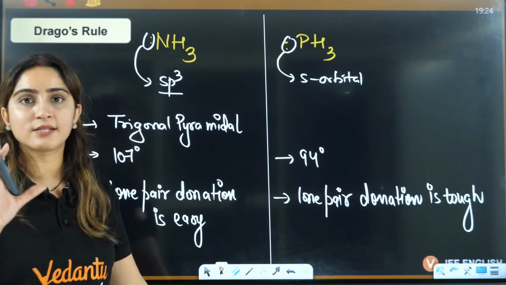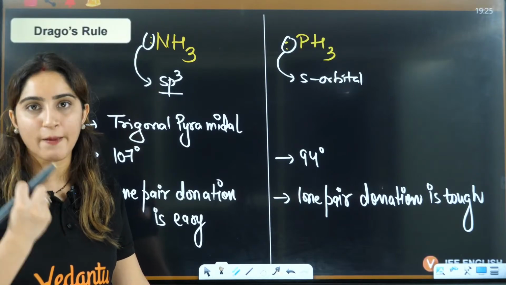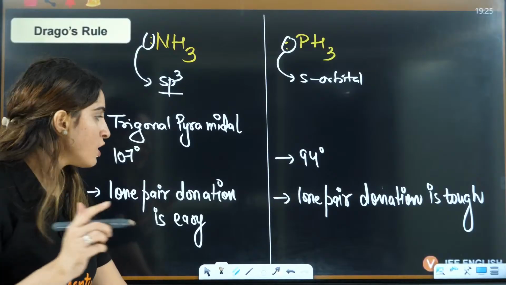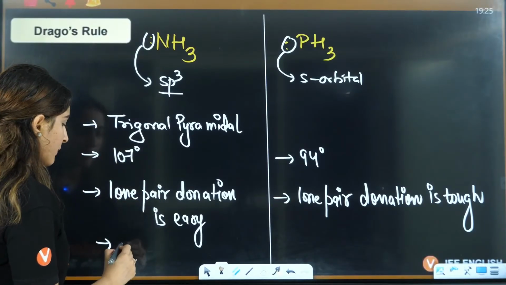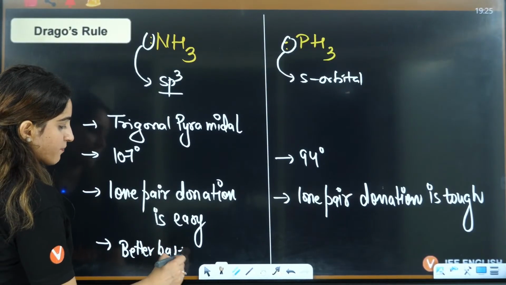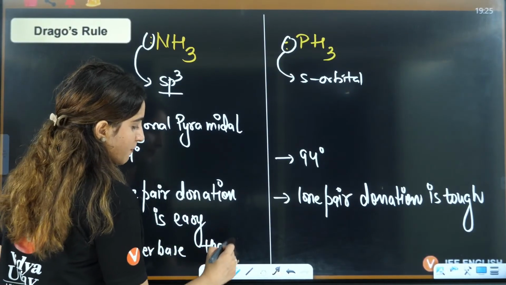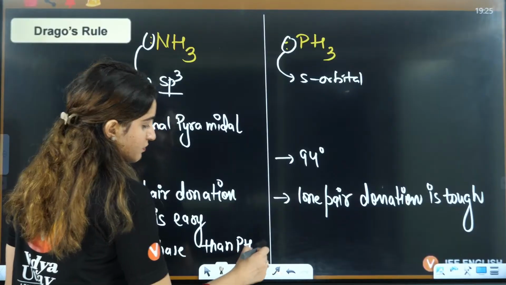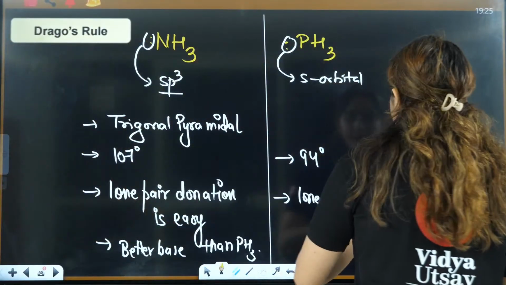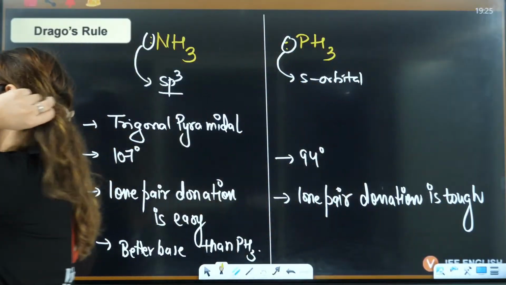And a Lewis acid wants to accept electrons, and this wants to donate electrons. So here it is easy, so it will be a better base than PH3. Okay, these kinds of questions they can ask you based on Drago's rule, right?